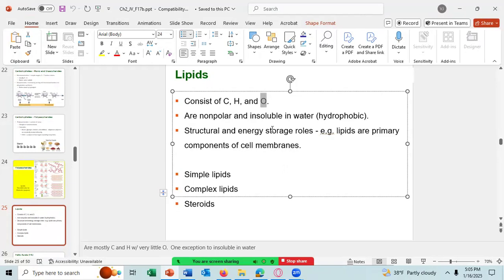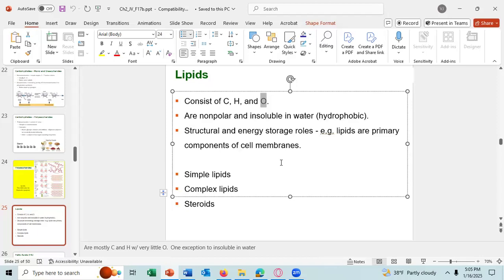There is one exception, we'll talk about that. But other than that, lipids are nonpolar and insoluble in water. They are structural molecules and play energy storage roles in living cells. Lipids are primary components of cell membranes.